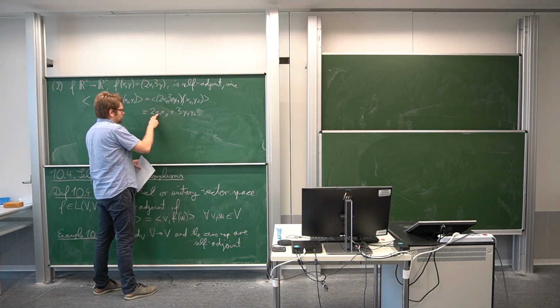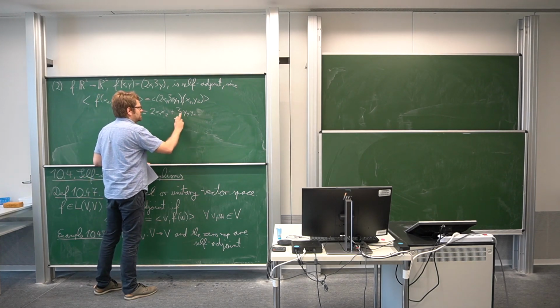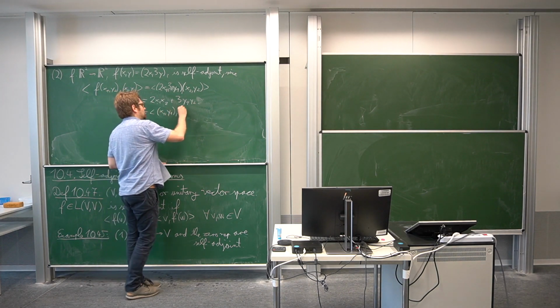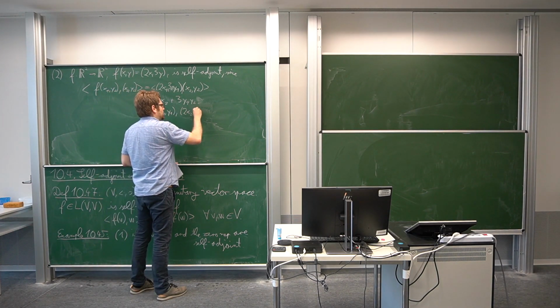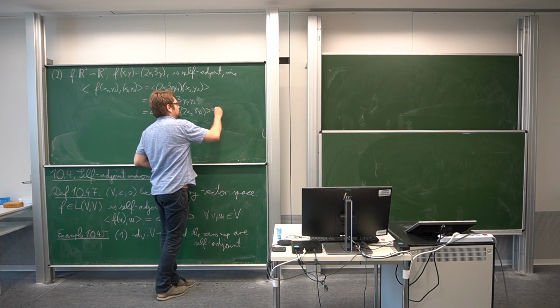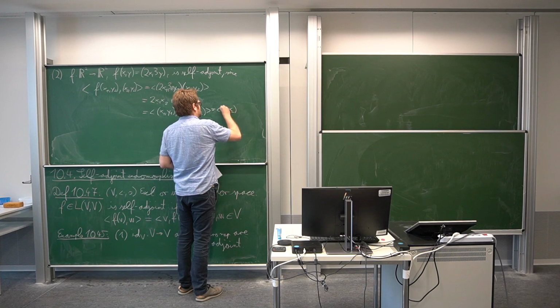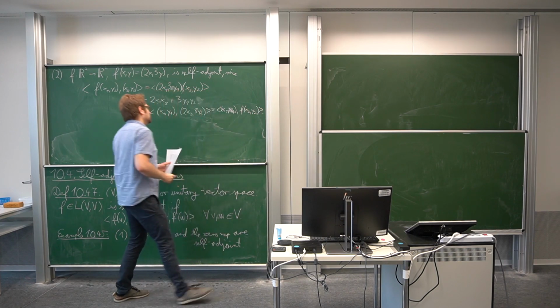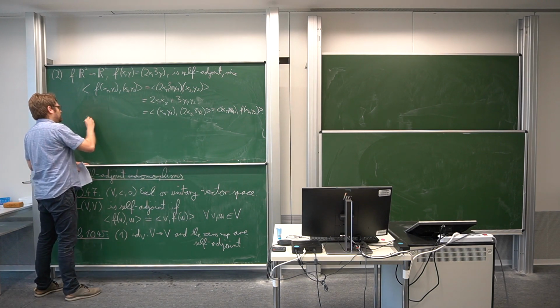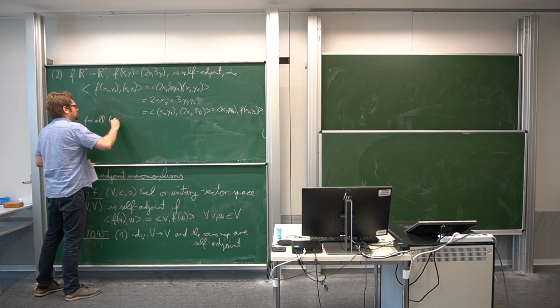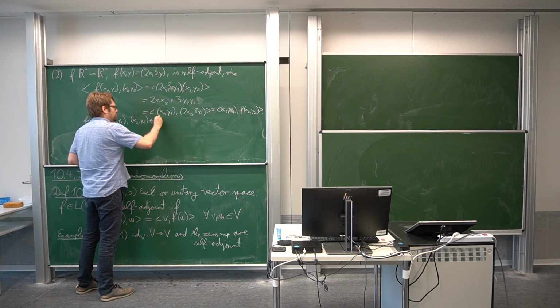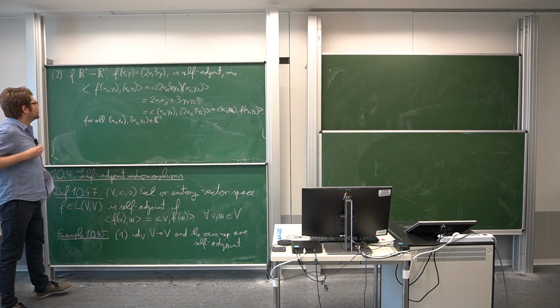So let's view this as x1 times 2x2 and y1 times 3y2. So this is the same as the inner product of (x1, y1) with (2x2, 3y2), and this is by definition the inner product of (x1, y1) with f of (x2, y2). So this holds for all (x1, y1) and (x2, y2) in R2. Okay, not very exciting, but it works.